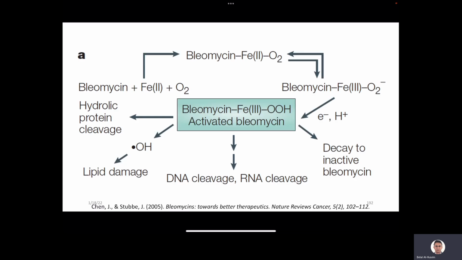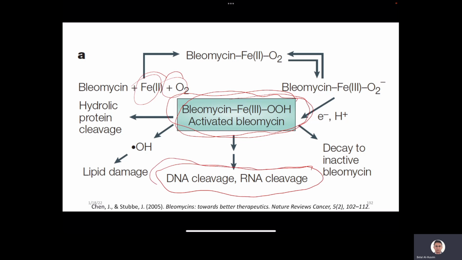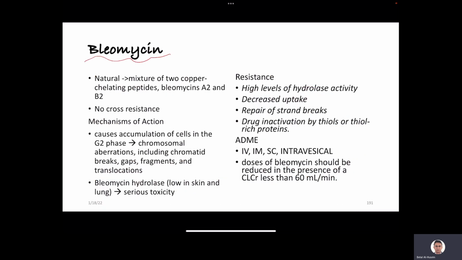Bleomycin is activated upon exposure to iron that is found in tissue, and generates superoxide or free radical generating moieties, which would lead to DNA cleavage or RNA cleavage or damage, or lipid damage. So this is the overall mechanism of action.